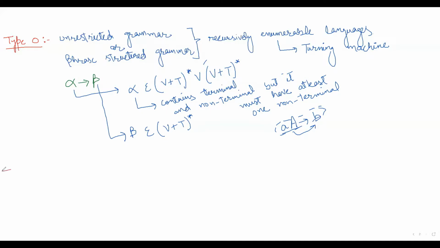Now the second type of grammar is type 1 grammar. Okay. So type 1 grammar is also called context sensitive grammar.